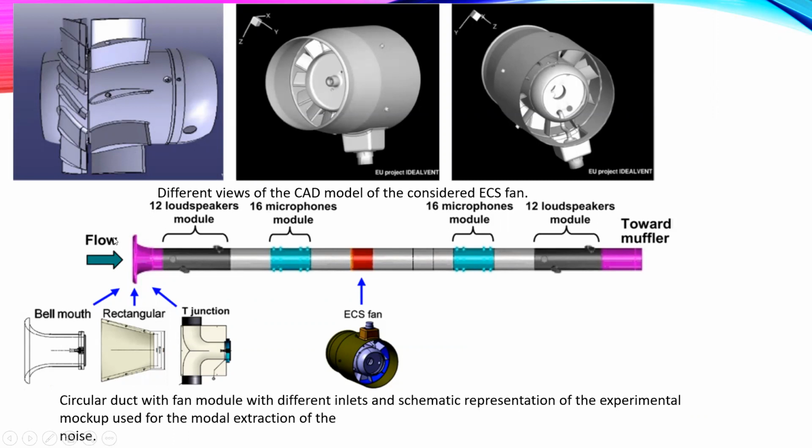And as we can see in this flow, with the 12 loudspeaker modules and 12 microphone modules, with the ECS fan, with the turbine, with the bell mouth, rectangular, T-junction. Circular duct with fan module with different inlets, and a schematic representation of the experimental mock-up used for the modal extraction of the noise.